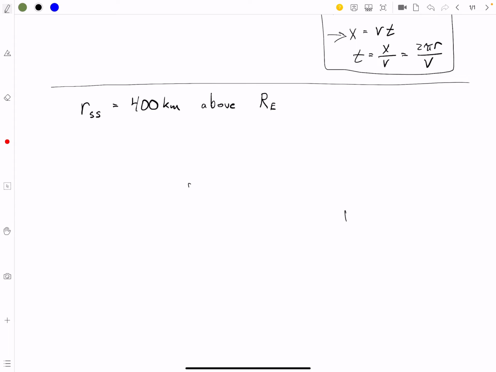Okay, so you kind of have to add them together to get your total. I'm not drawing a picture. I'm just going to go into the first question. What is the speed of the orbital?